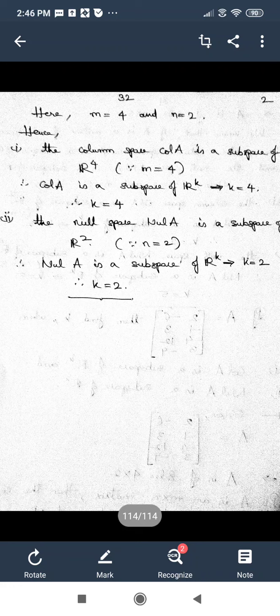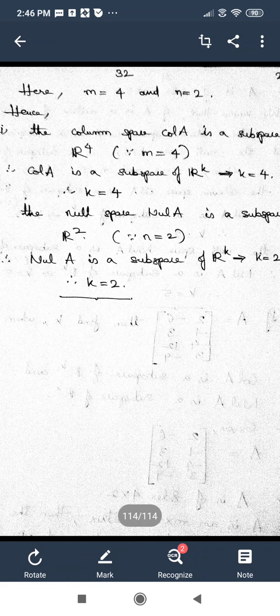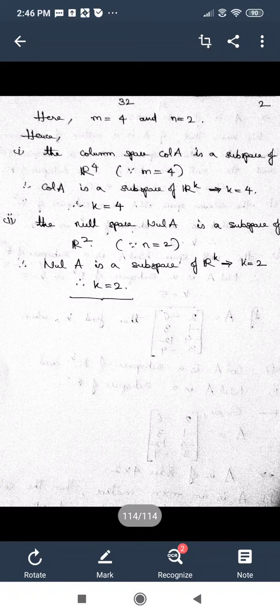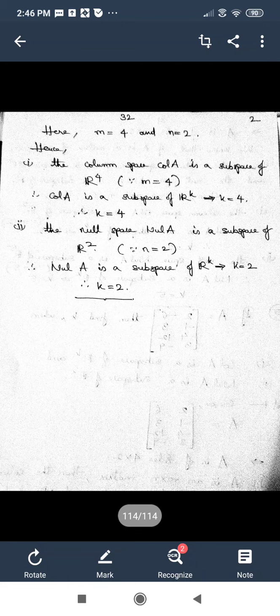Therefore, I have written the next step as null A is a subspace of Rk, and that means, as in the above step, the value of k should be 2. Comparing Rk to R2, k should have the value 2. So in the second bit the value of k should be 2.